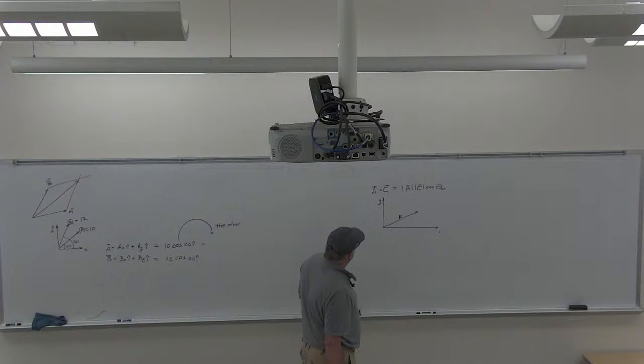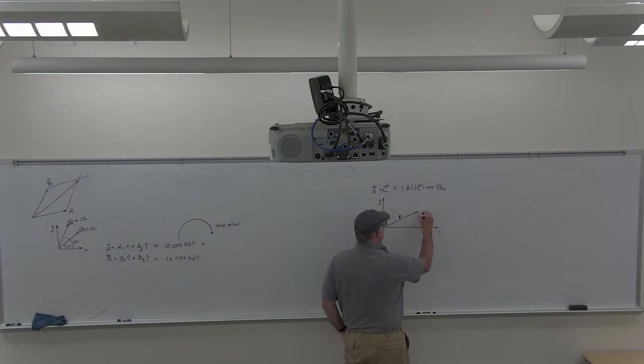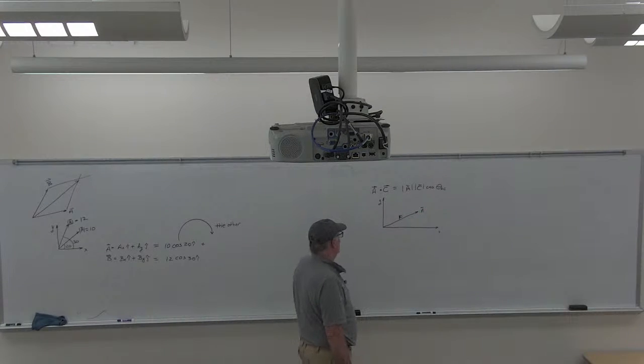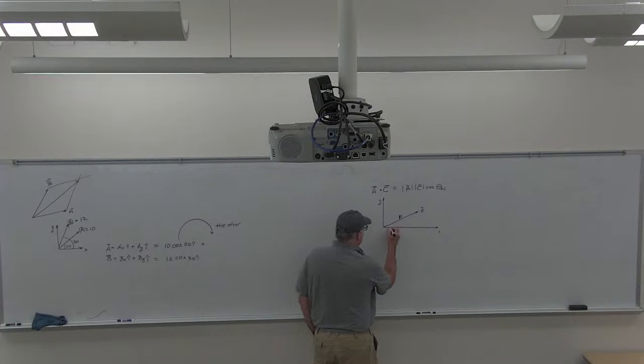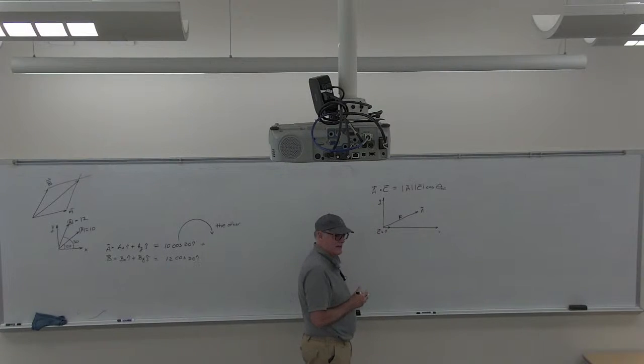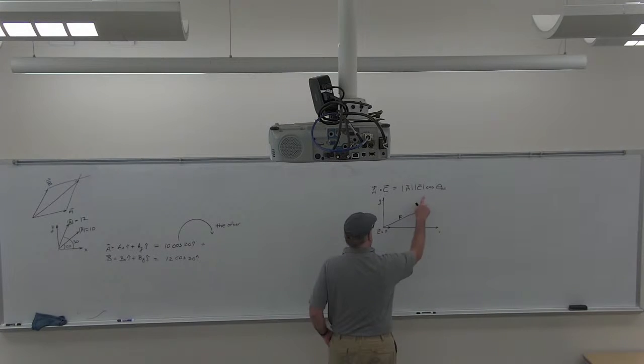This is my A. And what is my C? Well, I'm going to make my C this vector right here. I'm going to say my C vector is actually the I vector. And I still have my 20 degrees.